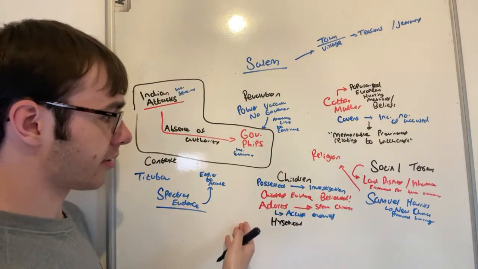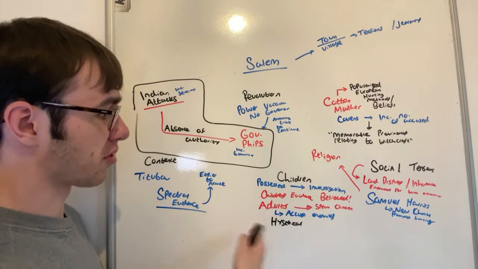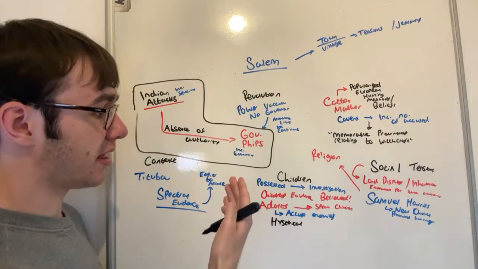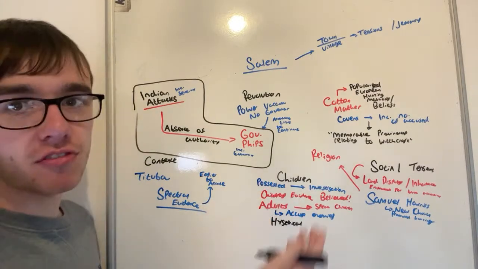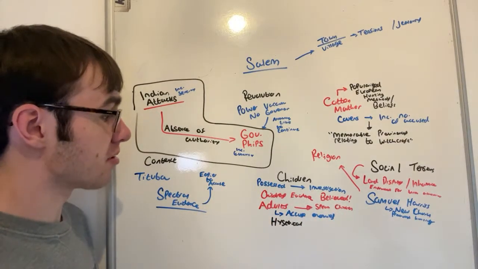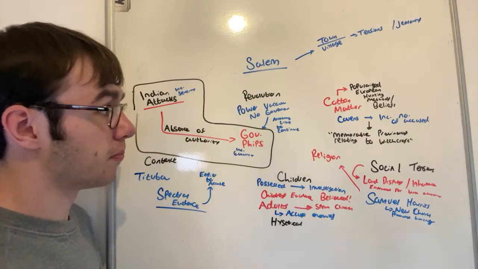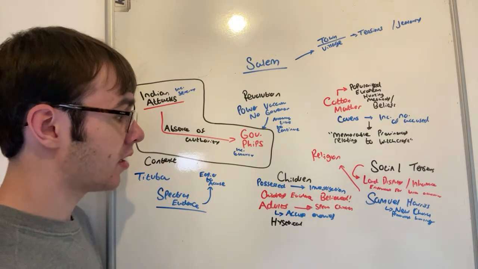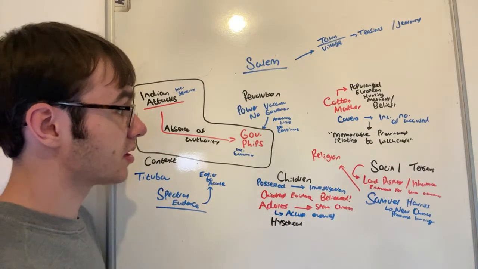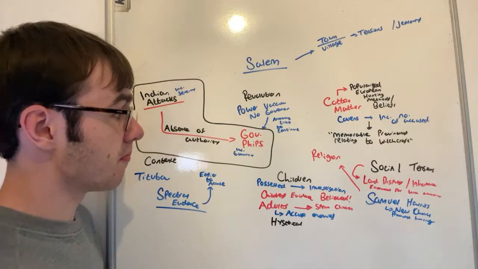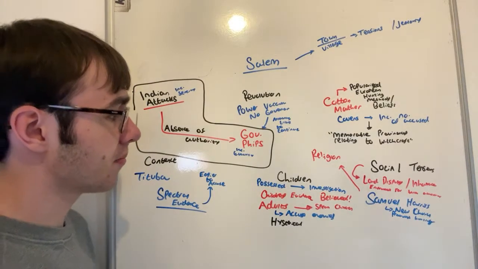When children couldn't testify, adults would speak for them, which made it easier for adults to feed children names of their enemies, obviously, because that was a thing that they did, which made the trials increase in severity.